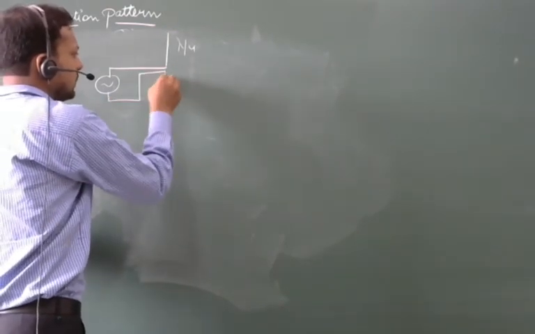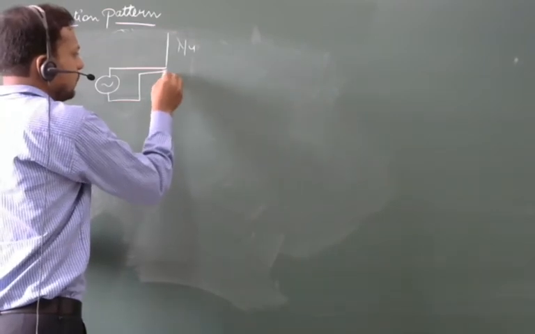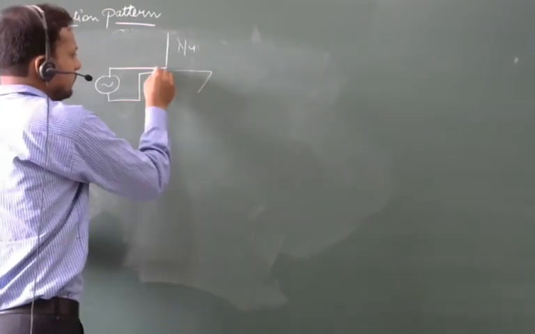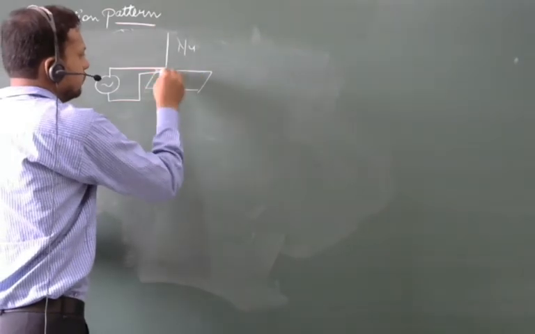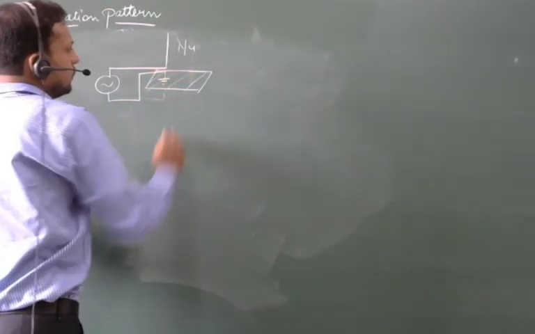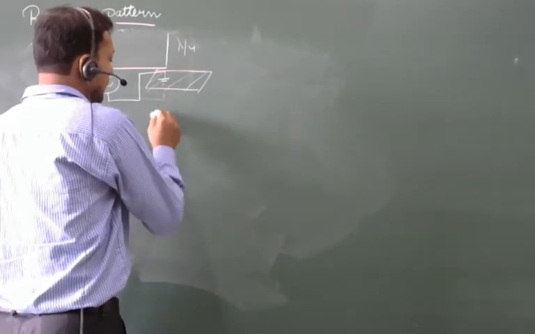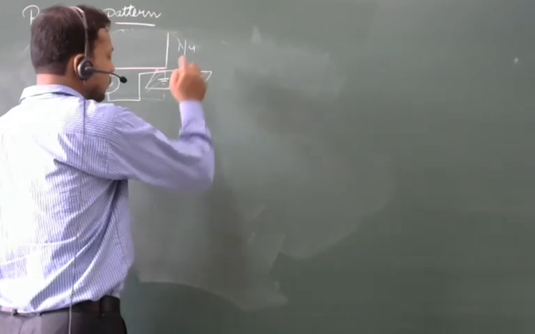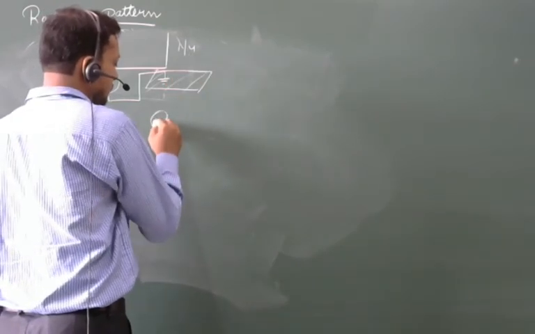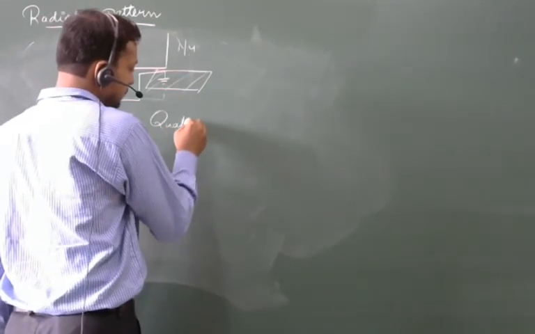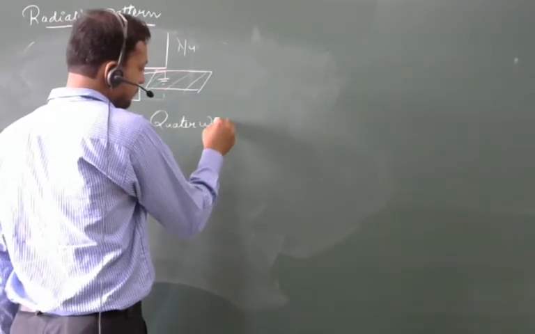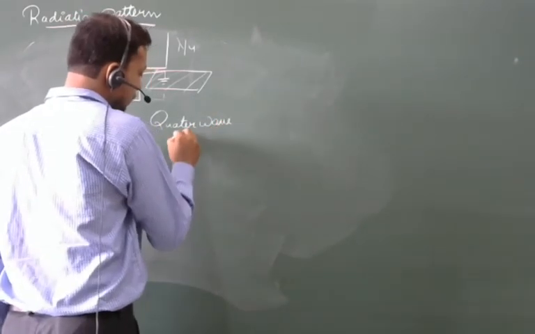Now ground this. Instead of bending this, ground it and use a ground plane. So this complete structure has only one pole, and this length becomes a quarter. So this is called a quarter wave monopole.